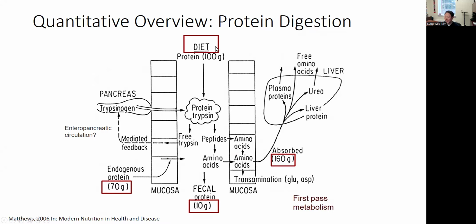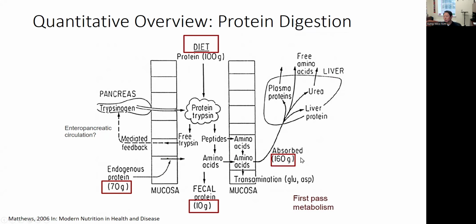So 100 grams of ingestion and 10 grams of excretion. You can simply say 90% digestibility. However, there's a contribution of endogenous protein here, so it is a little more complicated than the simple 90% digestibility.